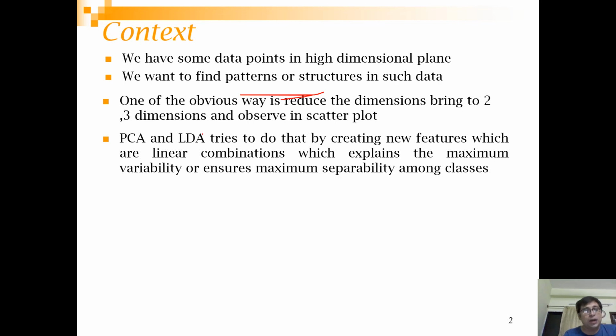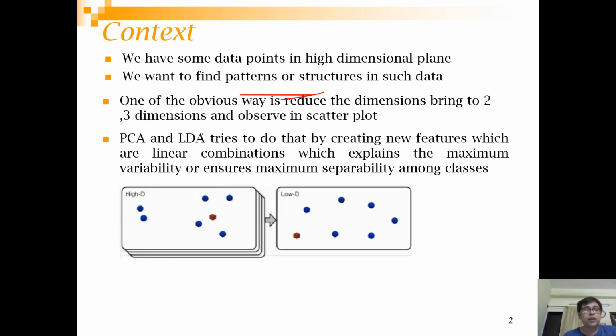Let's try to understand that with a diagram. Let's say these are the points in high dimension. As in high dimension it is very difficult to visualize, we have plotted in 2 dimensions only. Assume that it is in high dimension. And we want to plot it into lower dimension such that the locality or the neighborhood structure is preserved.